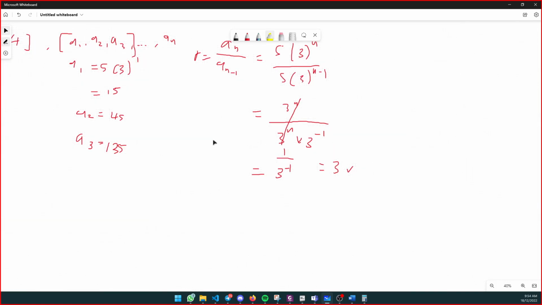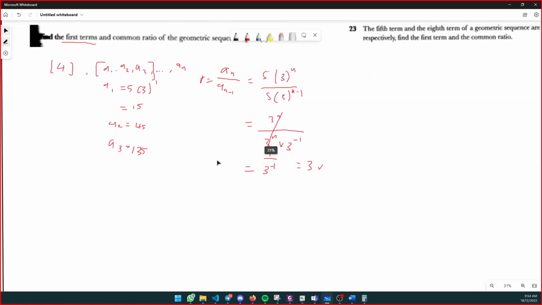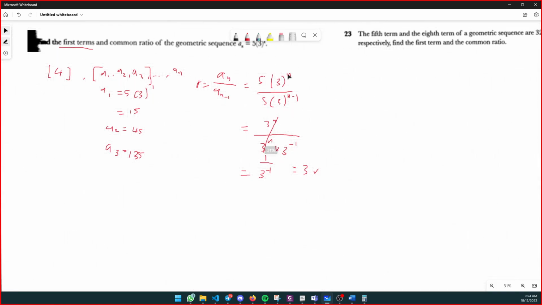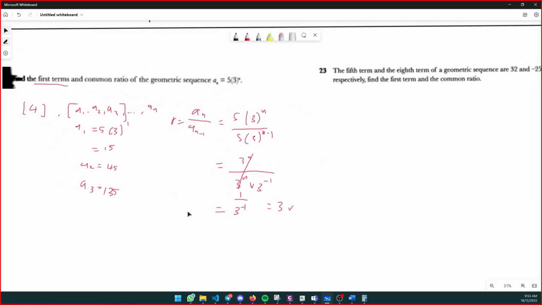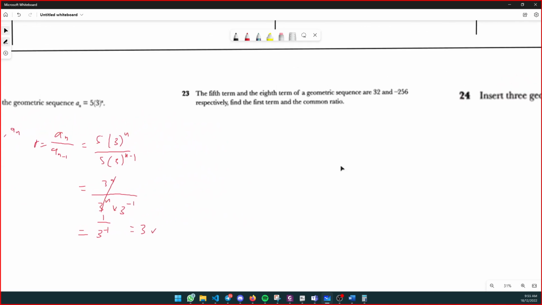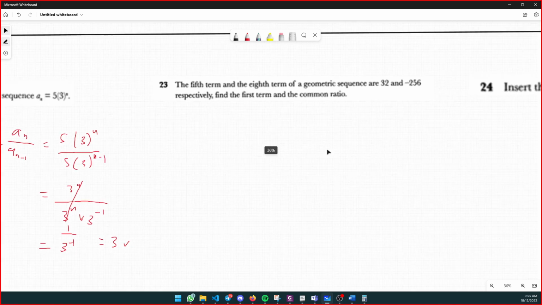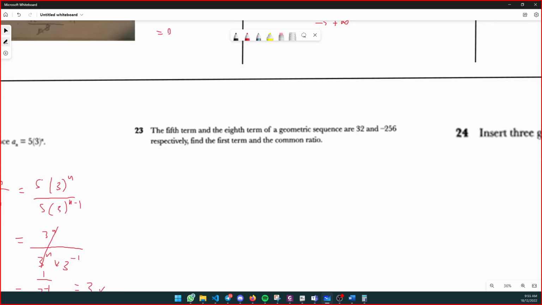You have to break all of this down because sometimes it's going to be this simple. So it's always better to put n and n minus 1, not only for geometric, also for arithmetic. Okay, let's go to question 23. Let's read the question first. I sent my working, can you check?